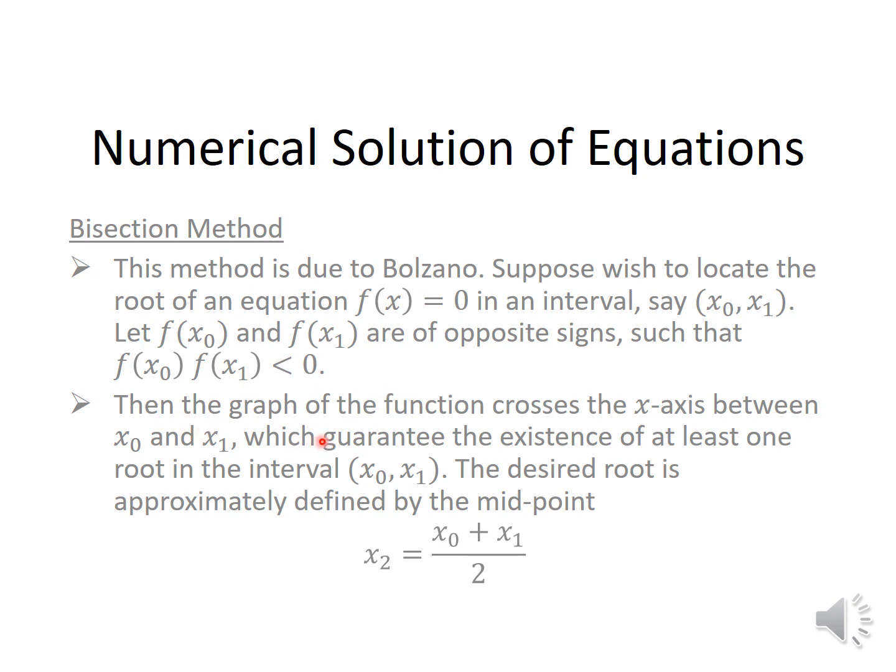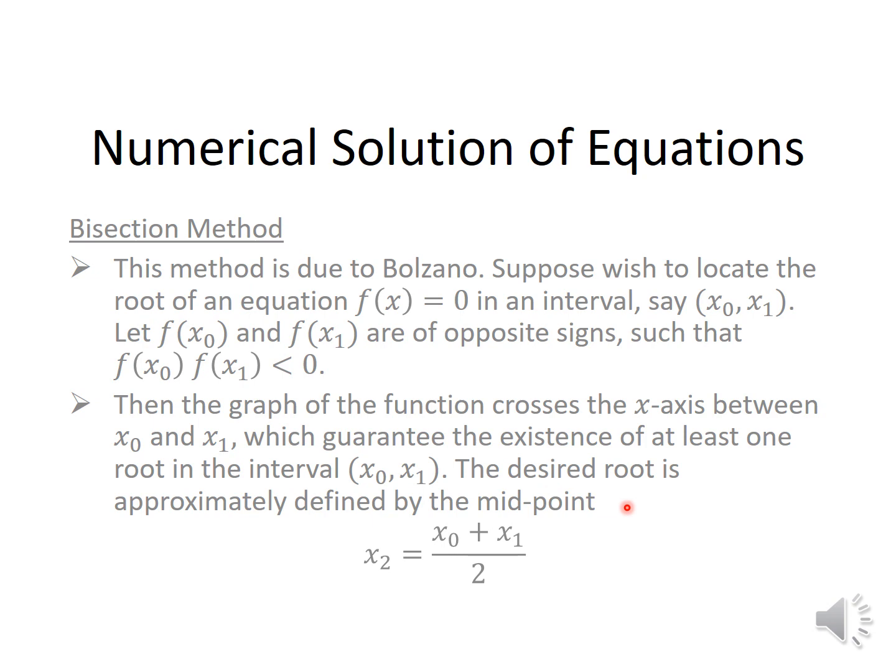Then the graph of the function crosses the x-axis between x0 and x1, which guarantees the existence of at least one root in the interval x0 and x1.